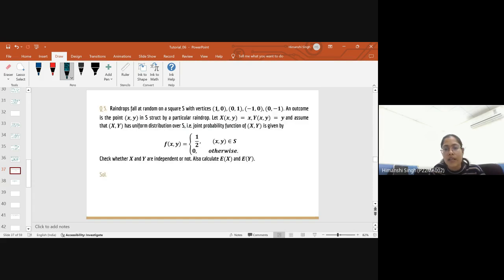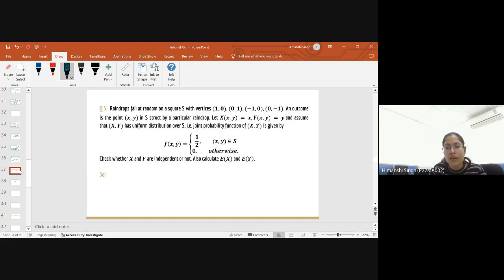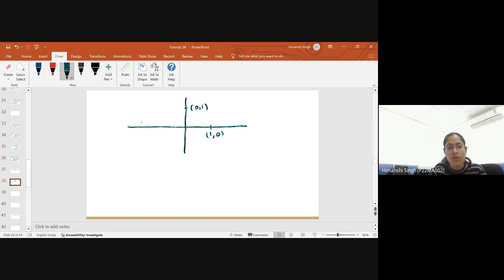Now what is it saying? The vertices are 1 0, 0 1, minus 1 0, and 0 minus 1.